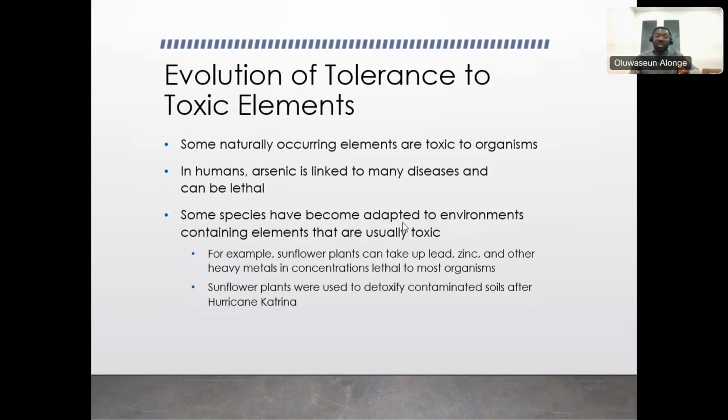Some species have become adapted to environments containing elements that are usually toxic. Sunflower plants are able to take up lead, zinc, and heavy metals in concentrations that are usually toxic and can destroy organisms.